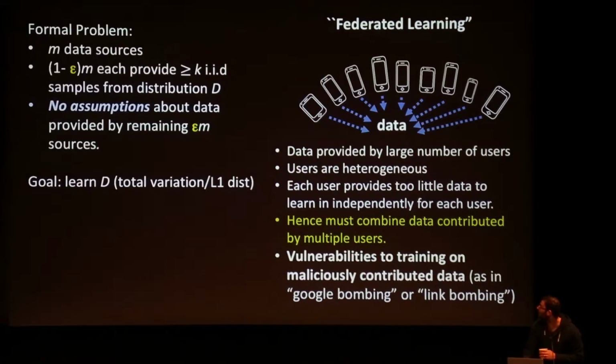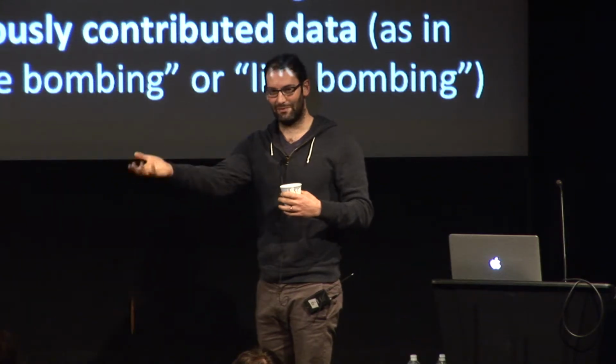Okay, so what's the formal model we'll think about? We have M data sources. Think of M as being 1 billion. Each person with a cell phone is a data source. A 1 minus epsilon fraction of them are each going to provide at least k independent samples from some distribution D. This is the distribution that normal people have for the word that follows, say, I will blank.